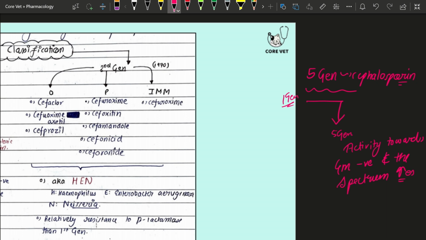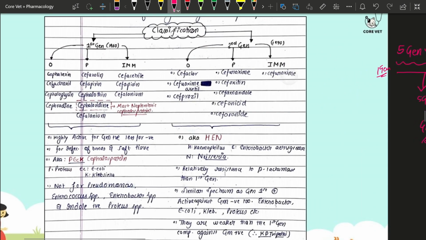That's one thing you should remember before studying the classification, because in the classification obviously you have to mug up the names. If you have a certain pattern, it will make it much clearer and easier.